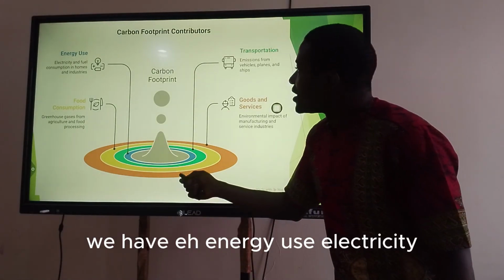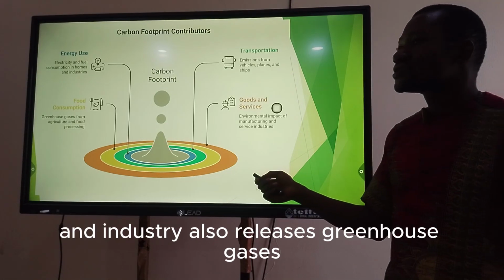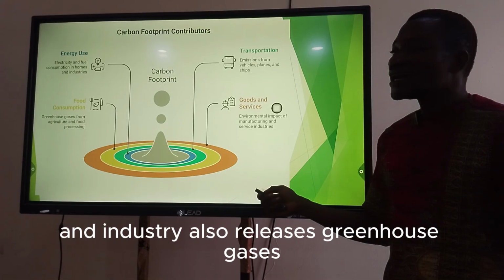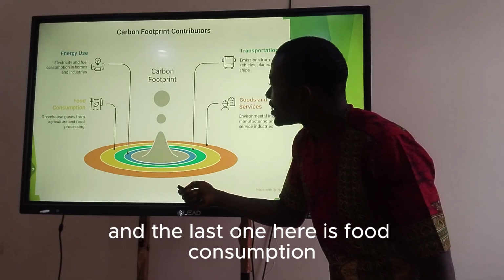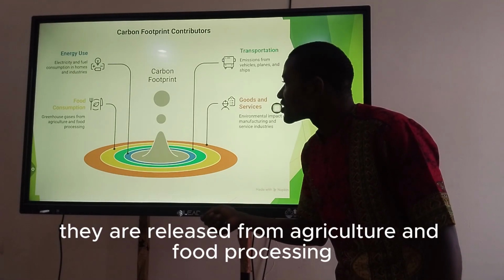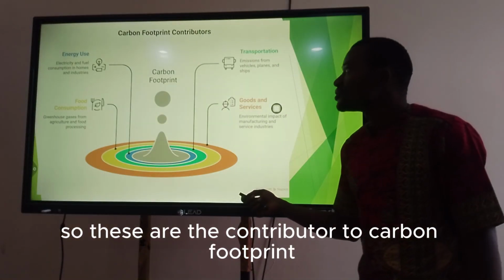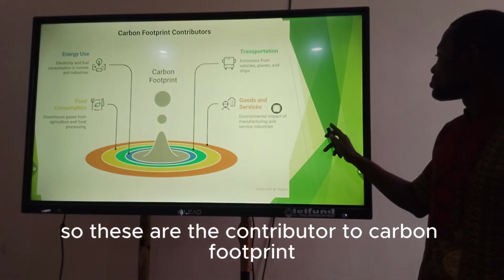We have energy use, electricity and fuel consumption in home and industry also releases greenhouse gases. And the last one here is food consumption. Greenhouse gases are released from agriculture and food processing. So these are the contributors to carbon footprint.